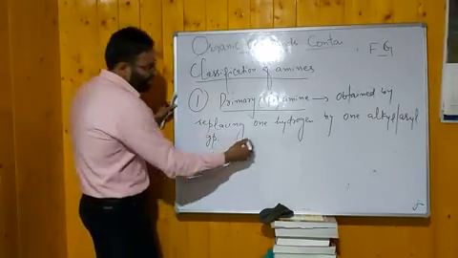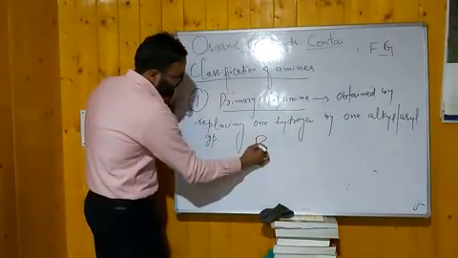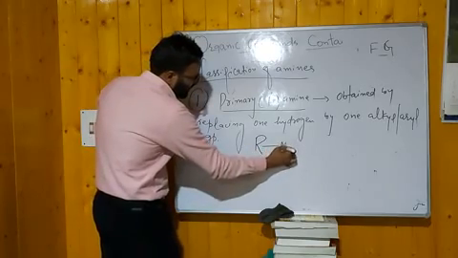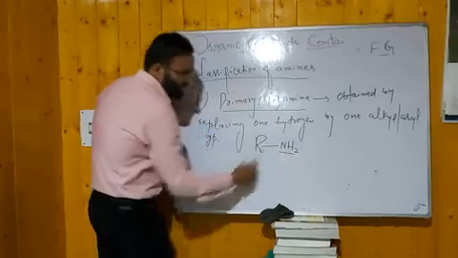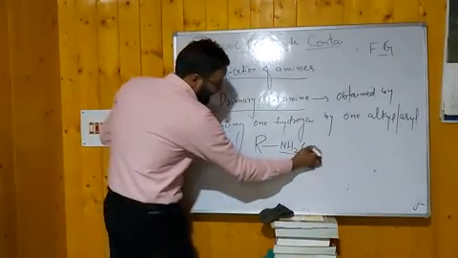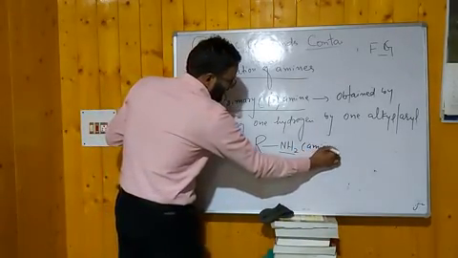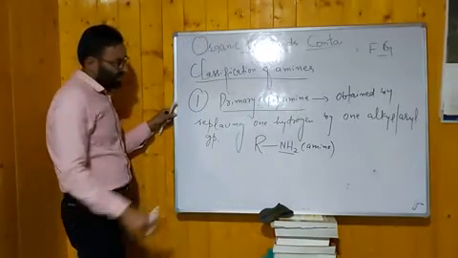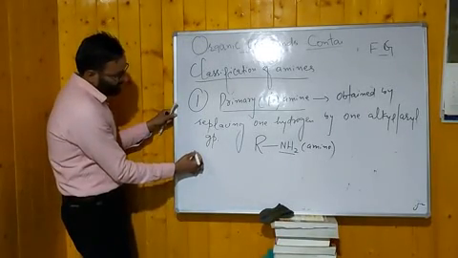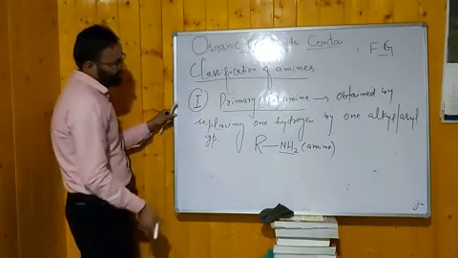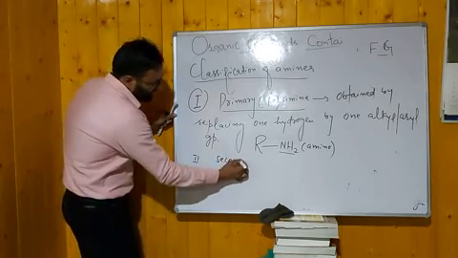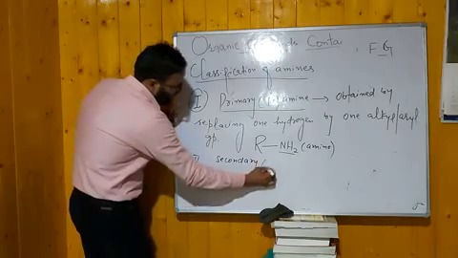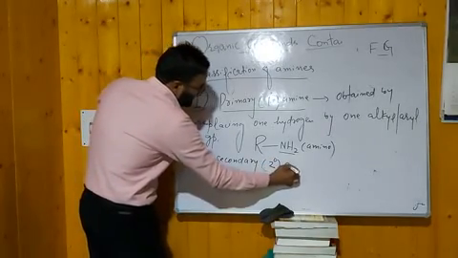What is the general representation? The general representation will be RNH2. And what is the name of the functional group? You should remember it. It is amino. The second type is the secondary, or 2-degree, amine.